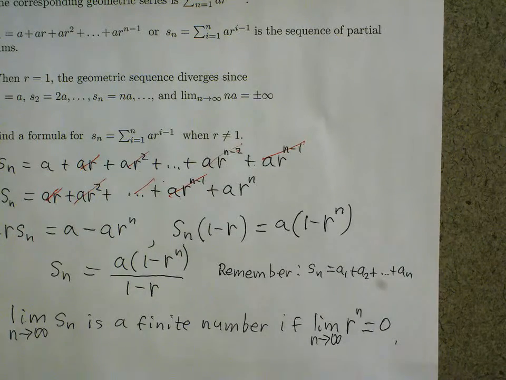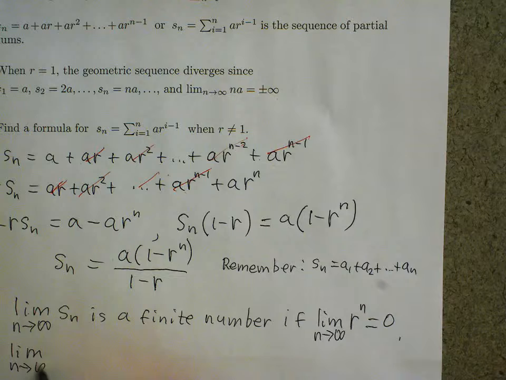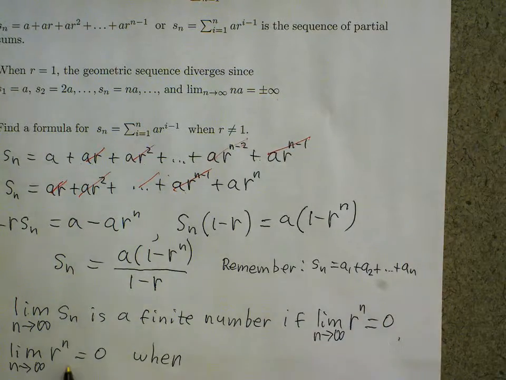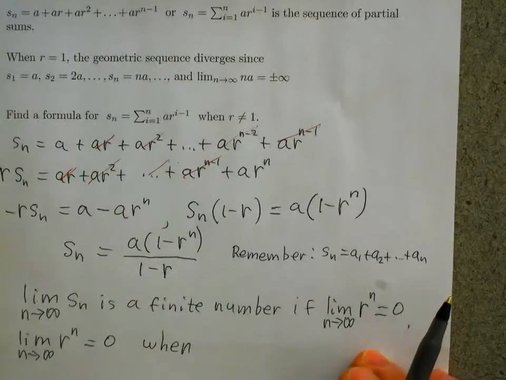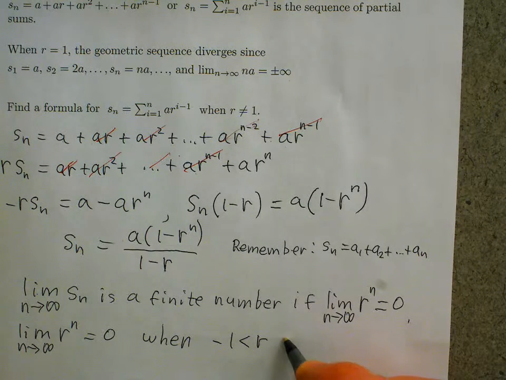And we know what the values of r must be for that to happen. The r values have to be strictly between negative 1 and 1. So the limit as n approaches infinity of r to the n equals 0 when this common ratio r is between negative 1 and positive 1.